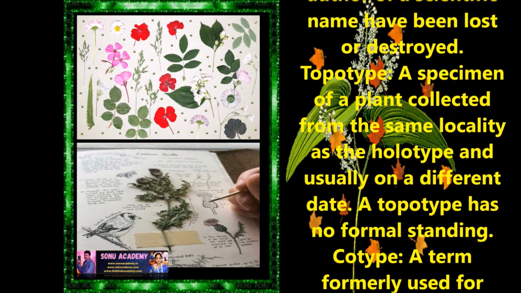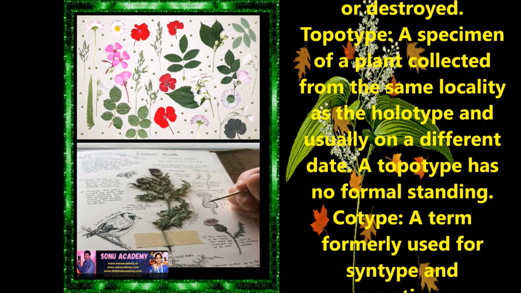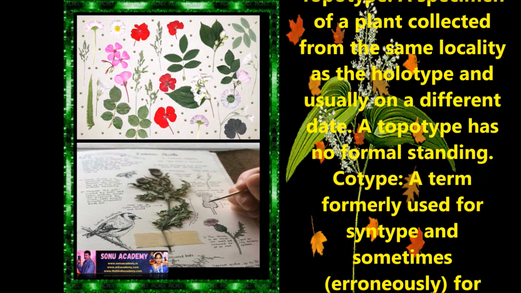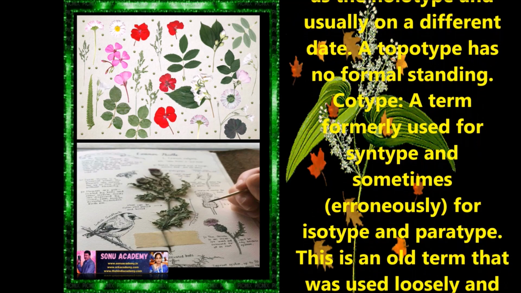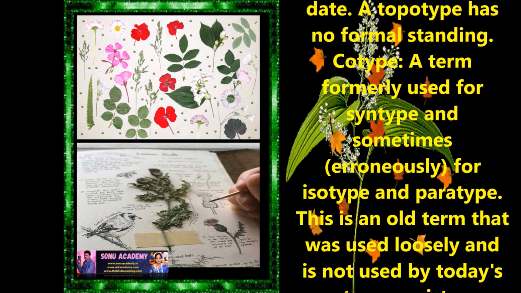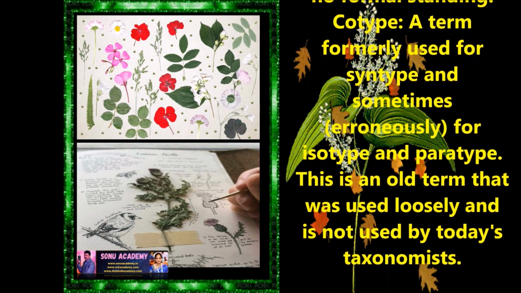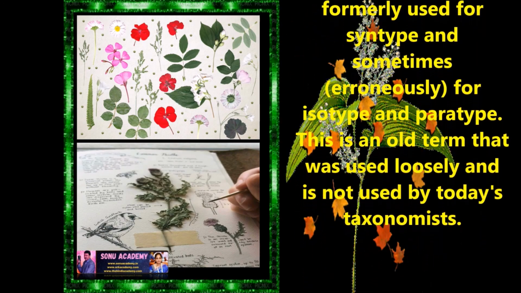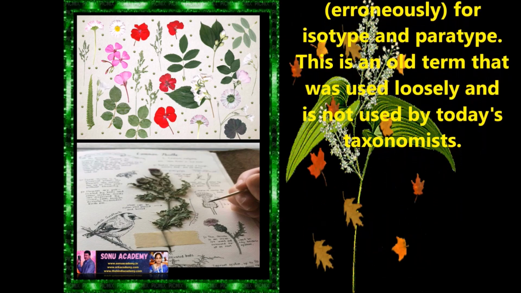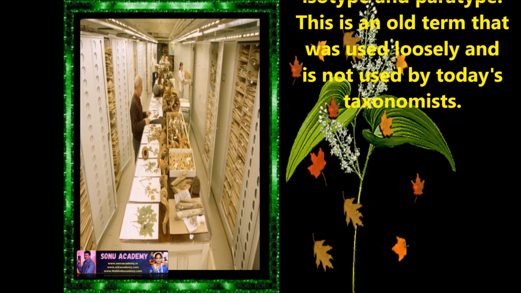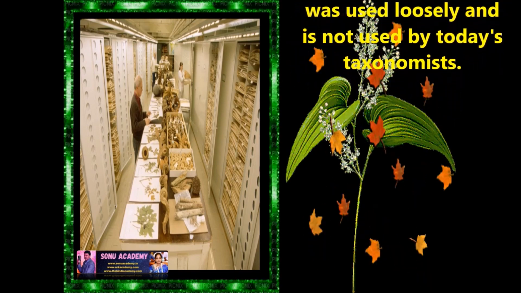Topotype, a specimen of a plant collected from the same locality as a holotype and usually on a different date. A topotype has no formal standing. The last one is cotype, a term formerly used for syntype and sometimes for isotype and paratype. This is an old term that was used loosely and it is not used by today's taxonomists.